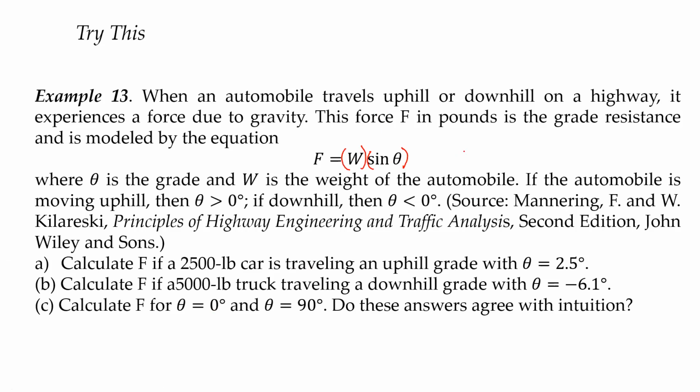So that is why it is written directly as W sine theta, where theta is the grade, meaning the uphill, and W is the weight of the automobile. If the automobile is moving uphill, then your theta is greater than 0 degrees. If downhill, then theta is less than 0 degrees.